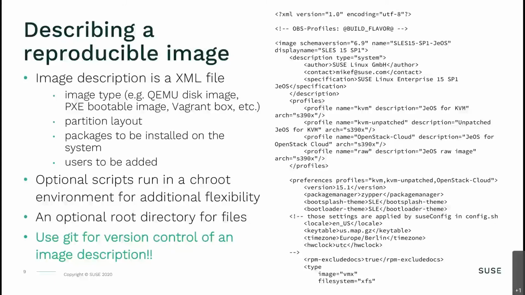Over on the right-hand side, you can see a little bit of the XML image description. This is not the full thing, but you can see it even includes the ability to support profiles. So I have profiles for KVM or KVM unpatched, and you'll see why I'm doing KVM unpatched in just a moment in the next use case.